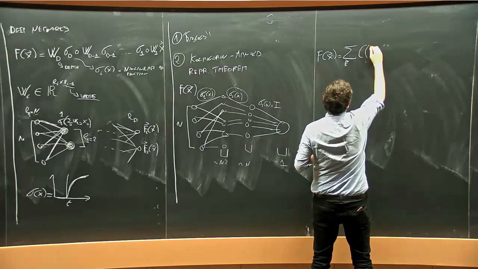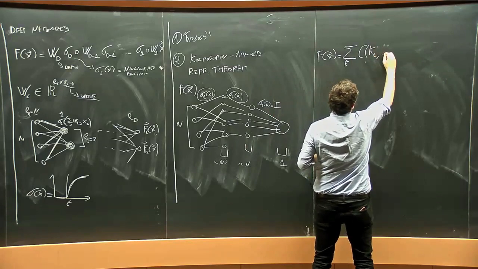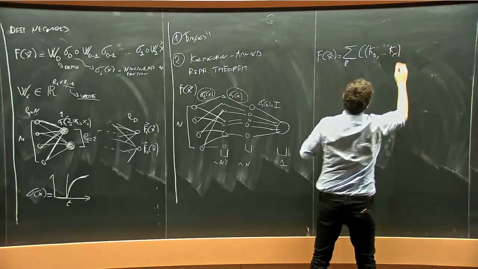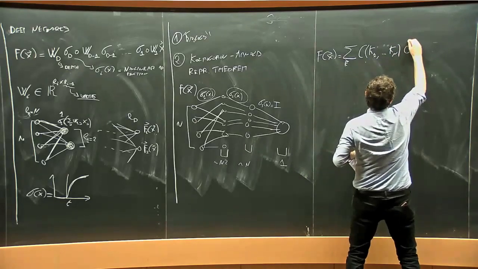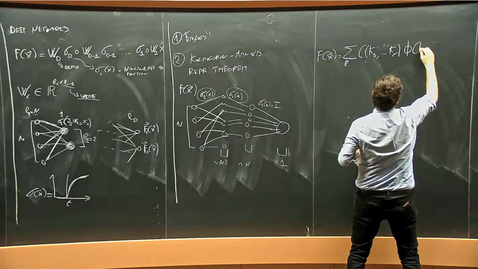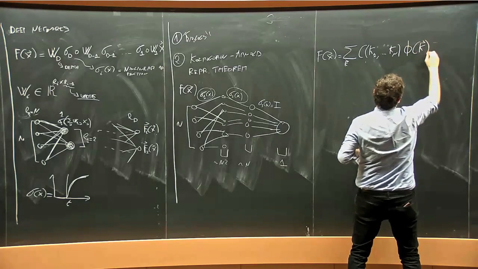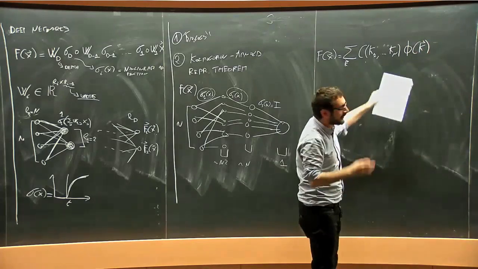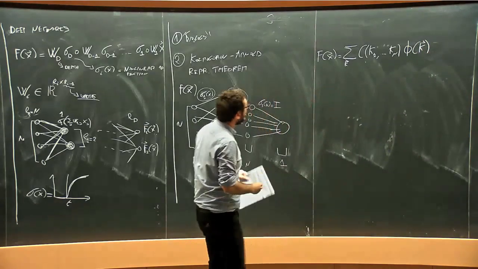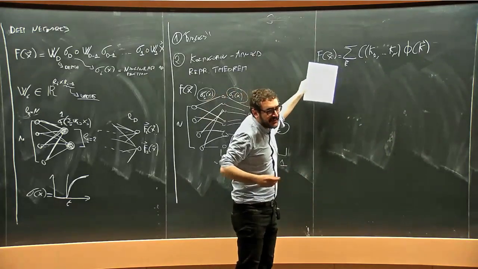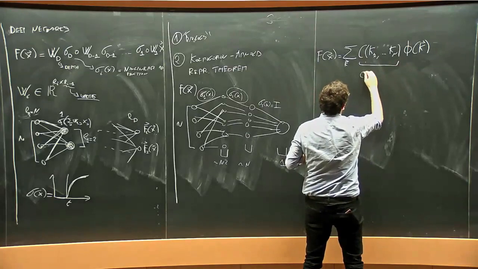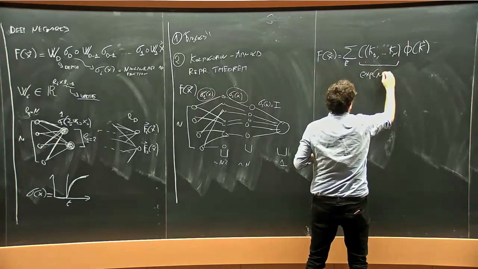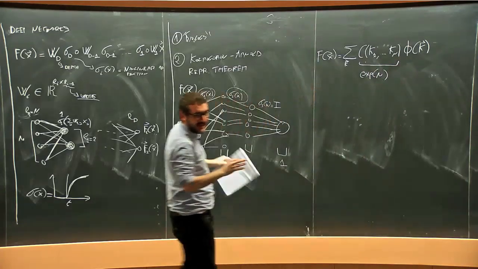What I would need to do is define all my coefficients, C of k1 to kn, if these are my wave vectors, times some basis function phi of k, so it can be, let's say, the product of my Fourier basis components. So you know that here, in the general case, if you have an n-dimensional function, you need exponentially many coefficients to describe a generic function.